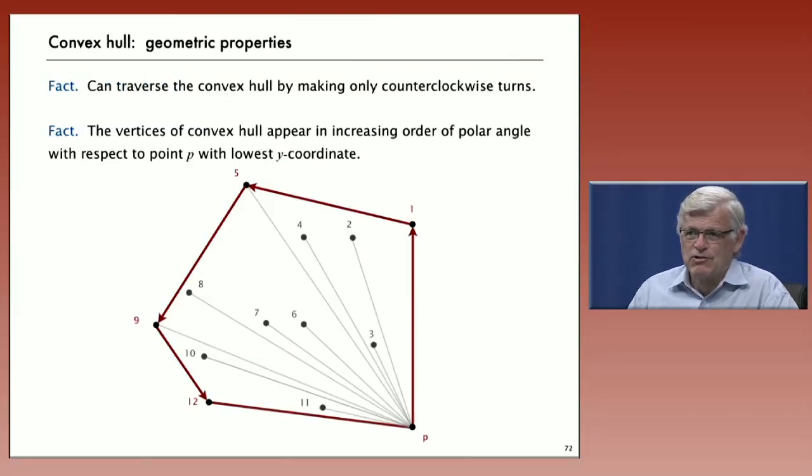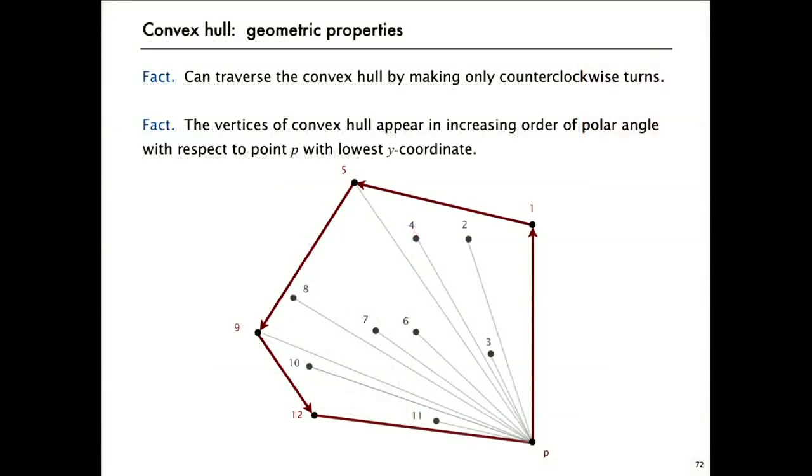So there's a lot of geometric properties of the convex hull that we can take advantage of to develop an algorithm. And here are two properties. Now these are things that have to be proven, and we're not going to get into the details of geometric proof, but they're intuitive, and you'll certainly have no trouble accepting that these things are true.